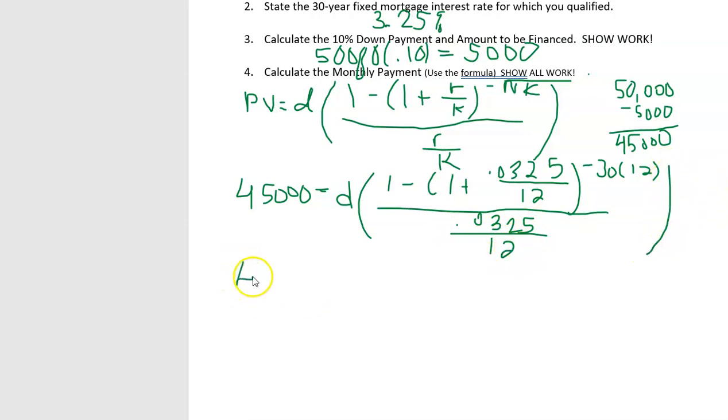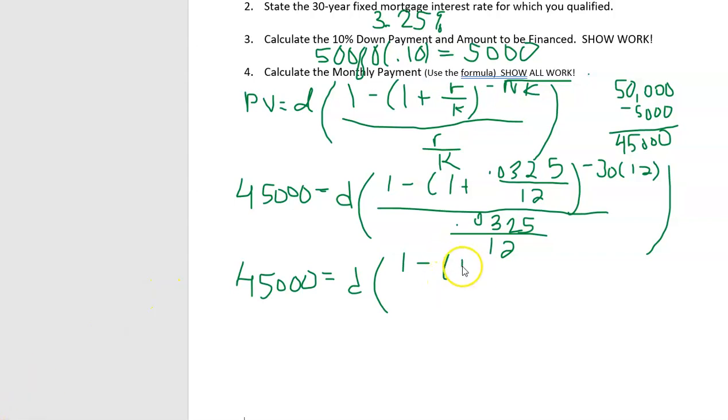Let's take this a step at a time, and the trick is to be patient and do your order of operations. First, I'm going to put 1 plus 0.0325 divided by 12 into my calculator.